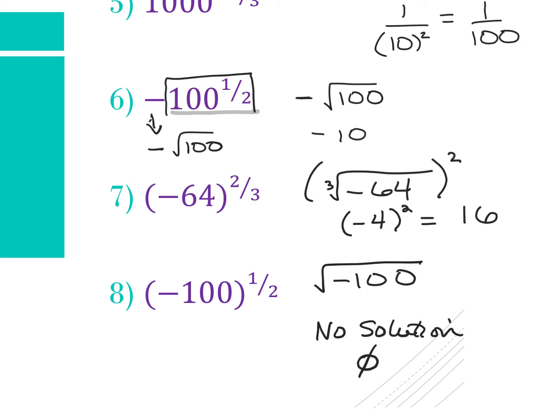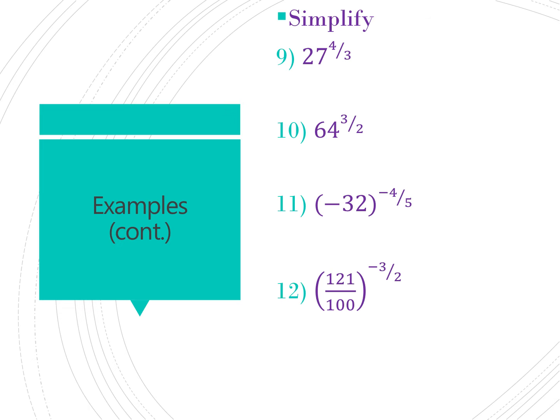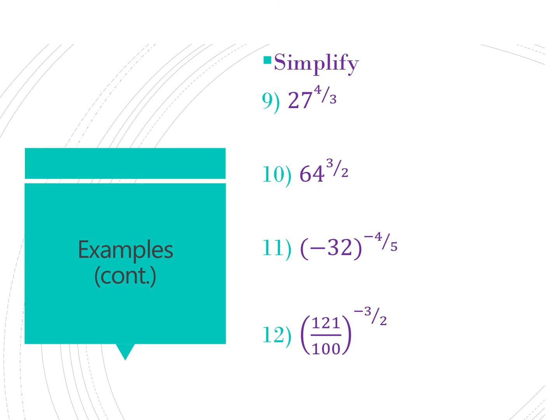Let's try some more examples. So number 9, again, the denominator is the root, the numerator is the exponent. So 27, going to find the cubed root, and then I'm going to raise that answer to the 4th power.